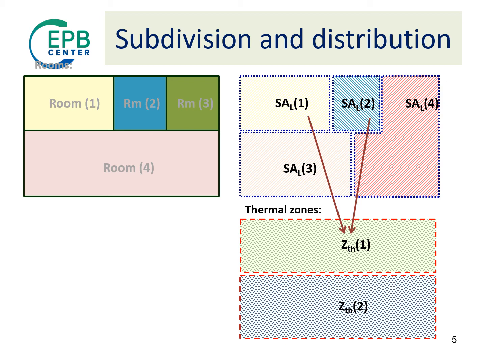And lighting service area 3 is completely allocated to thermal zone 2. But lighting service area 4 is divided between thermal zone 1 and 2. And this is done by the weighting of the floor area. So I would say 1/3 to zone 1 and 2/3 to zone 2.